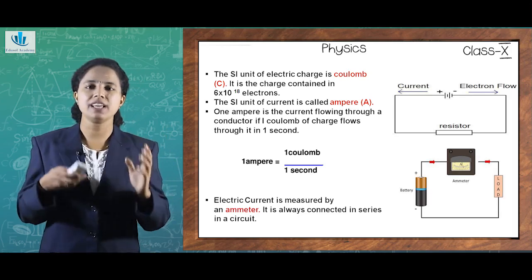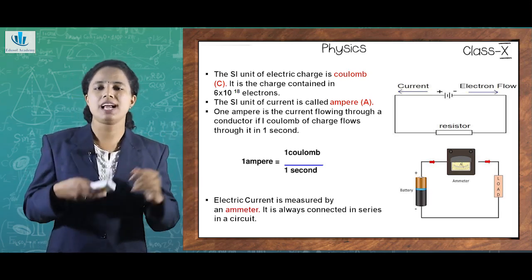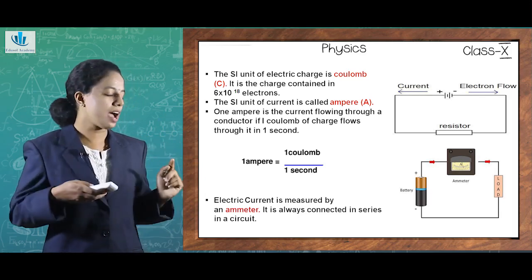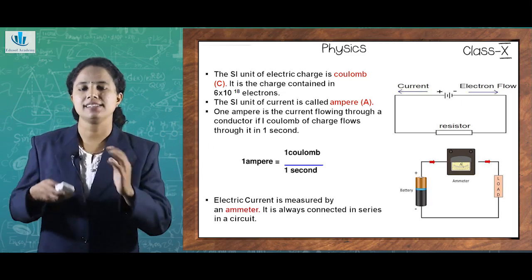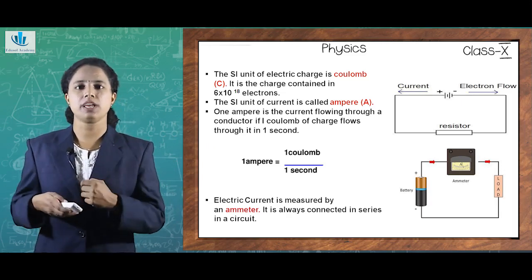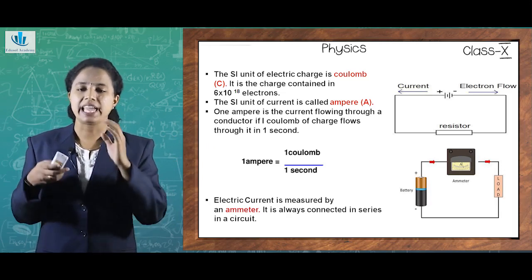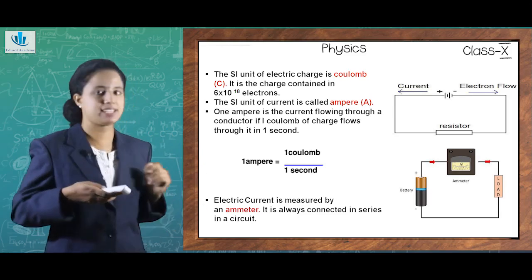So, we can find a relation between Coulomb, ampere and time as 1 ampere is equal to 1 Coulomb per second. That is, 1 ampere can be defined as the current which is flowing through a conductor if 1 Coulomb of charge flows through it in 1 second.